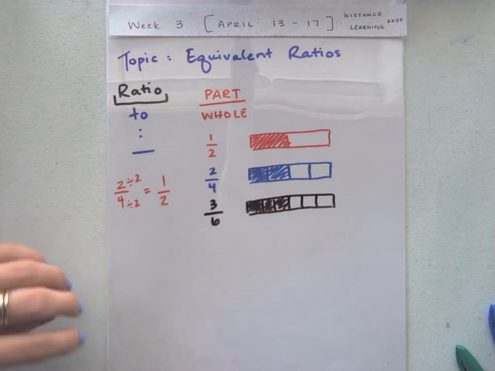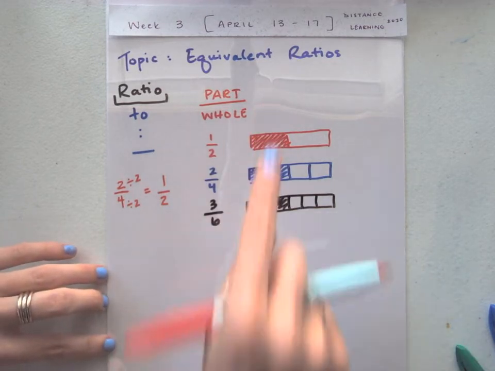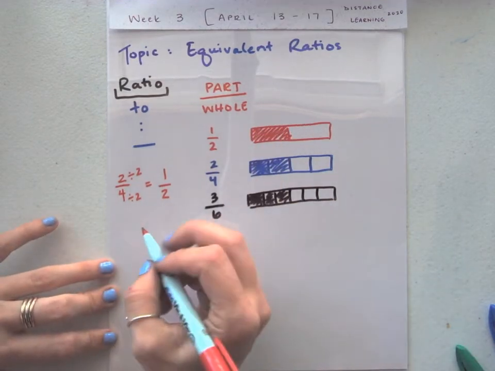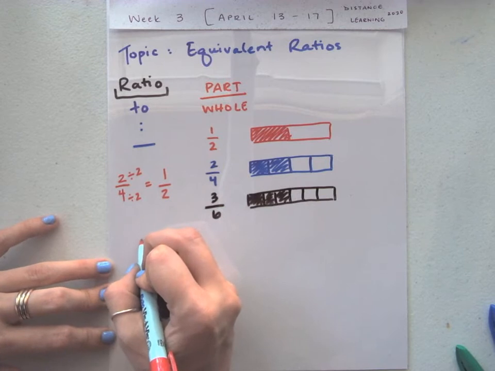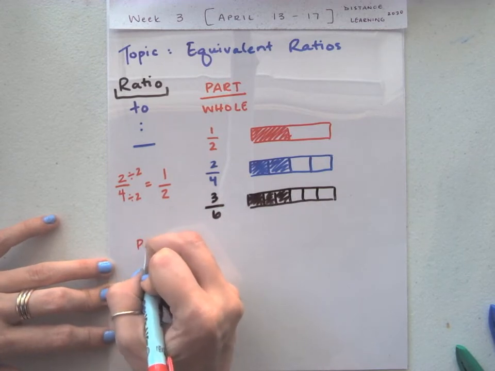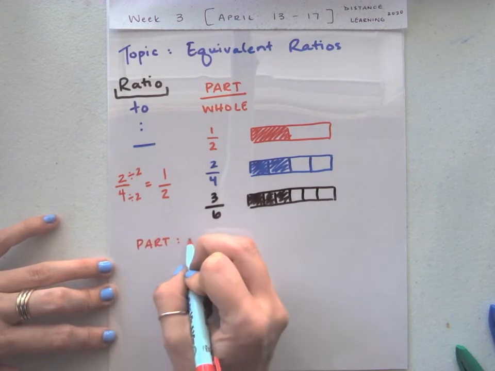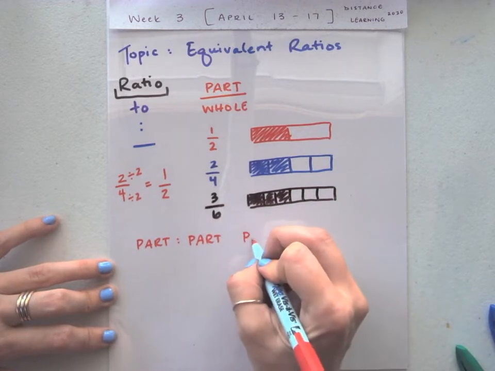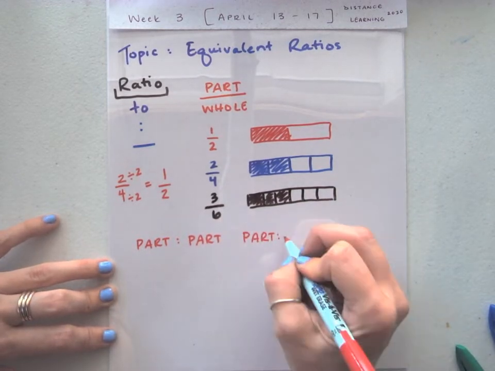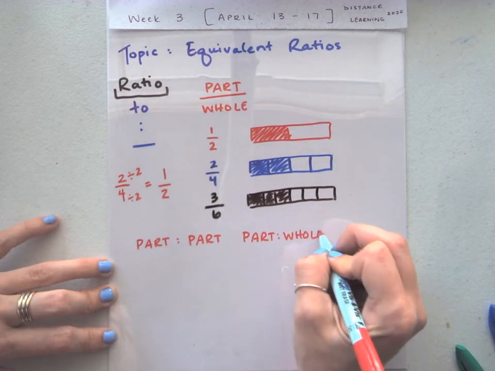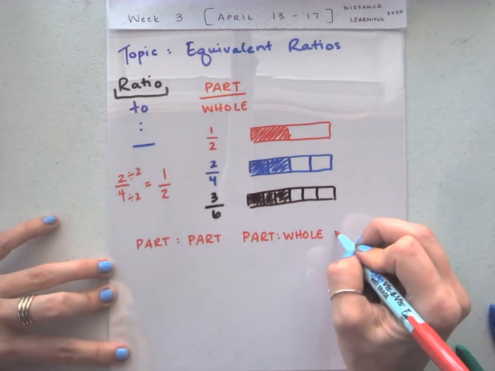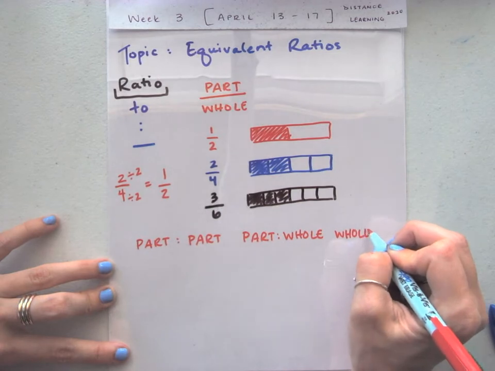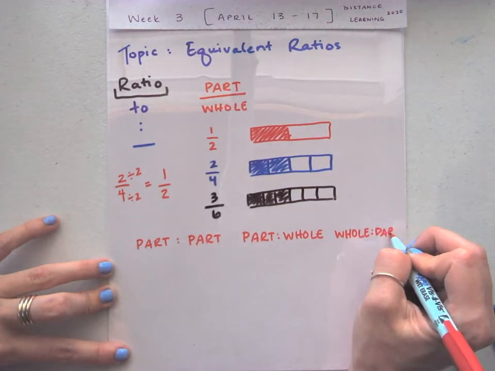So when we write a fraction, it's always a part to a whole. When we write a ratio, we could write it as a part to a part, a part to a whole, or a whole to a part.